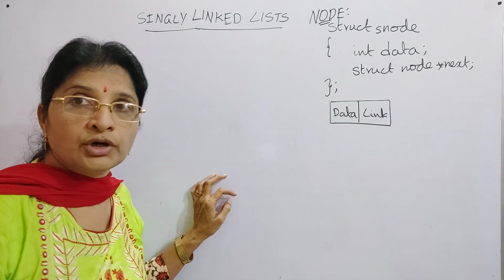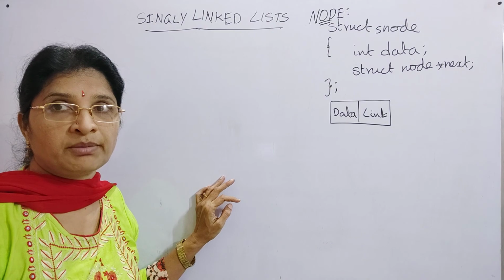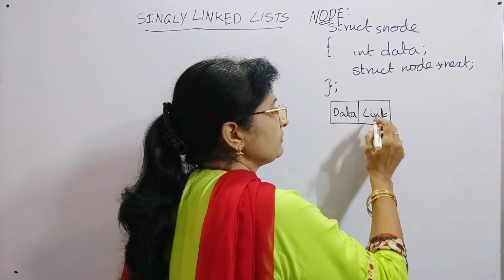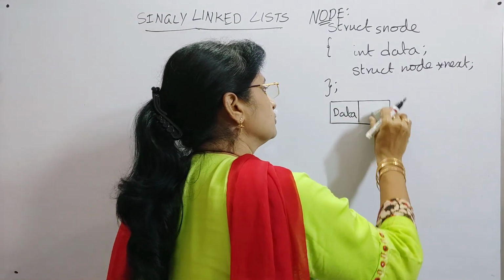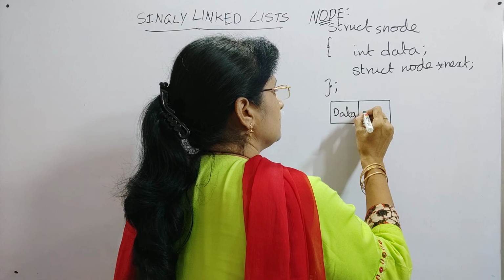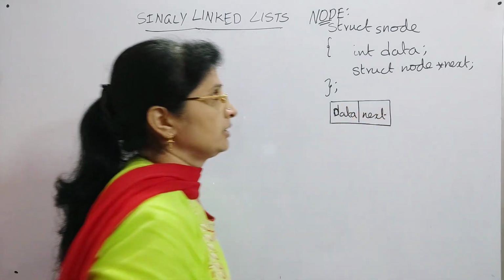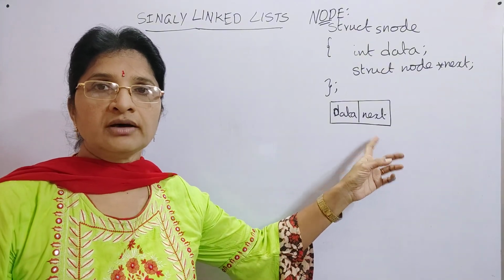That's why we require two structure members. One is the data part and another one is the link part. We are giving it as next, but you can give any name. So here we are giving the pointer to the next node.